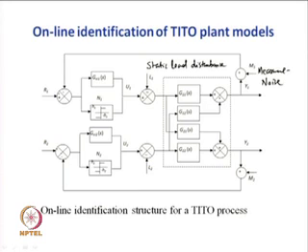So, we have a controller connected in parallel with the relays throughout the operation of the system and during the relay experiment as well. That is the basic difference between the offline and the online identification scheme.